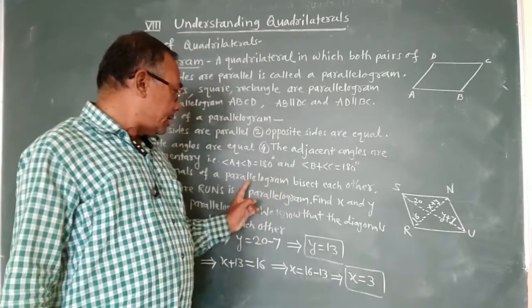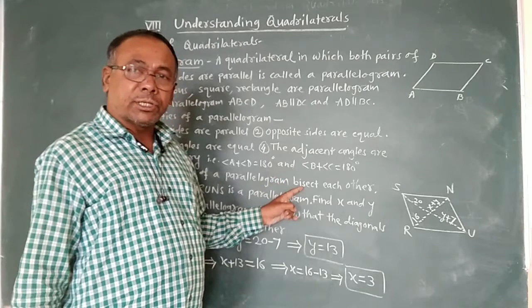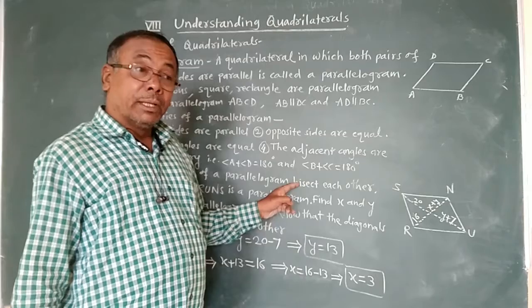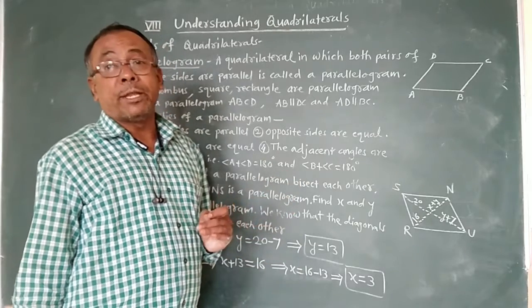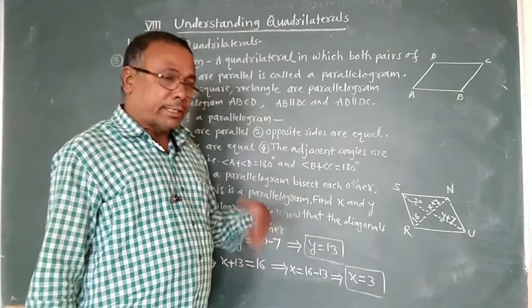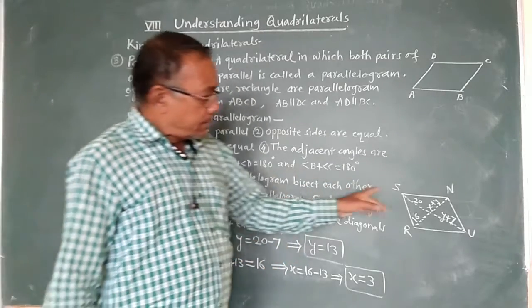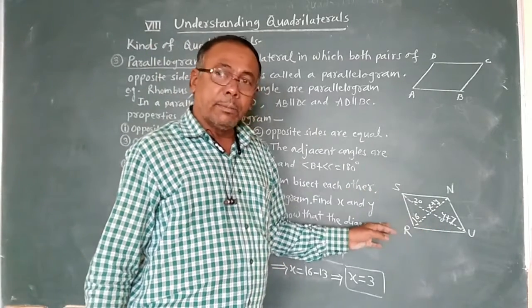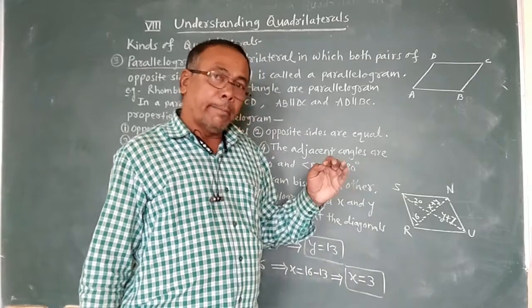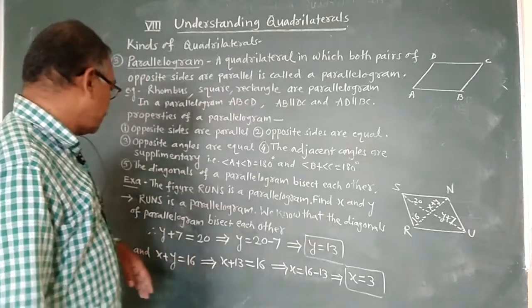Means the diagonals of a parallelogram bisect each other, they are not perpendicular bisectors. In some cases they are perpendicular bisectors, we are going to see later on. But in a parallelogram the diagonals are bisectors of each other.